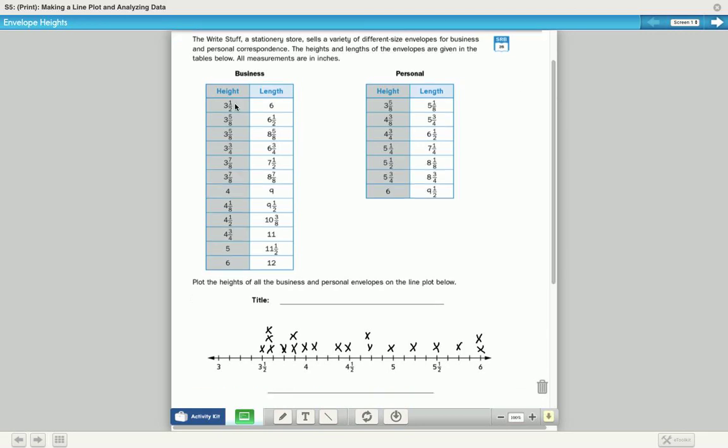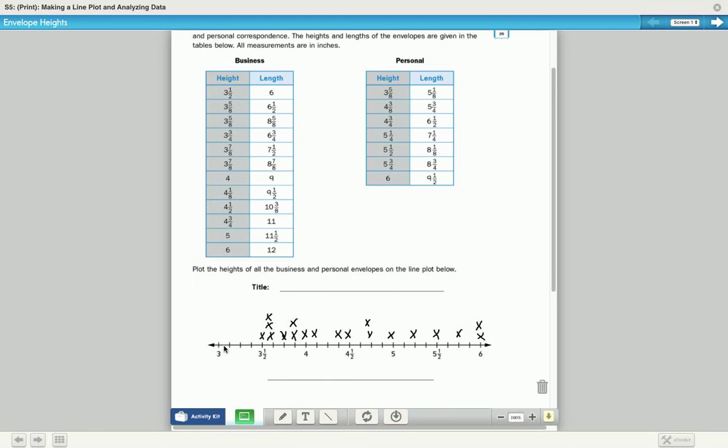So if you notice, we have halves, eighths, and fourths for our denominators. So if you look at the chart down below, here's 3 and here's 4. You have to see how many pieces they split each whole into.